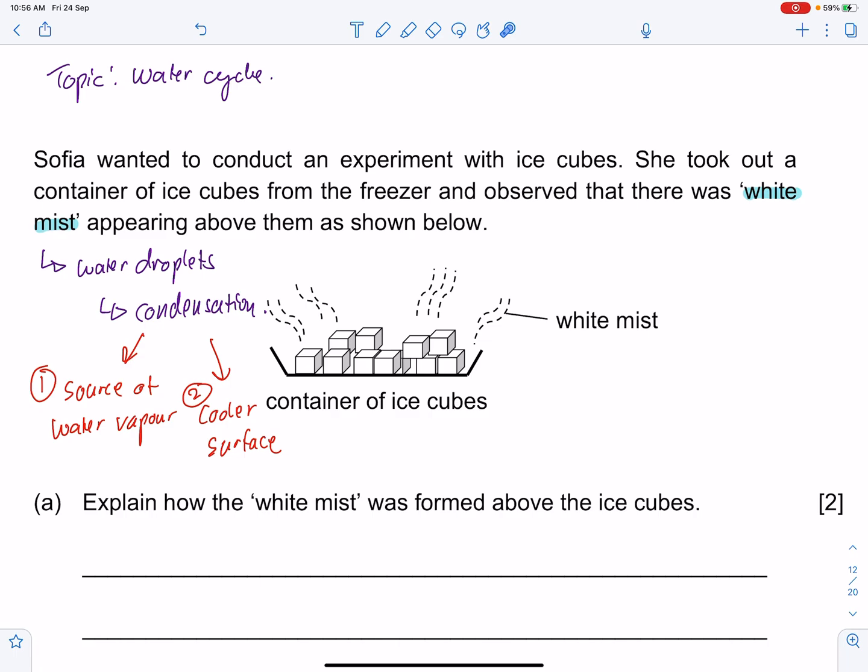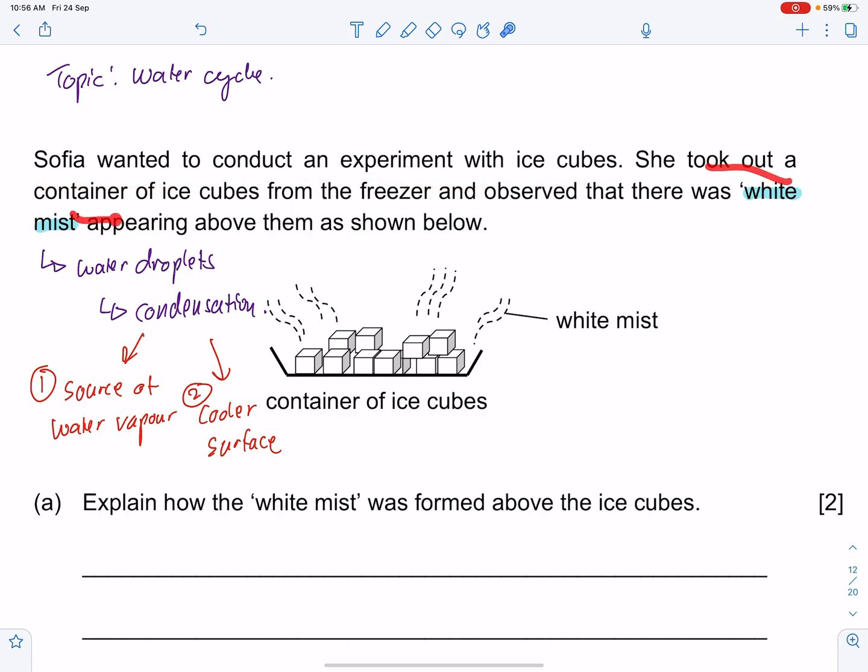So I say again, first things first, can you see the substance? If the answer is yes, it has to be water droplets. There cannot be another way around it simply because you cannot see water vapor. It's a gas. Can you see the water vapor in the air now? Cannot, right? So if they tell you can see, it means water droplets and condensation must have happened. Now we read the question. Sophia wanted to conduct an experiment with ice cubes.